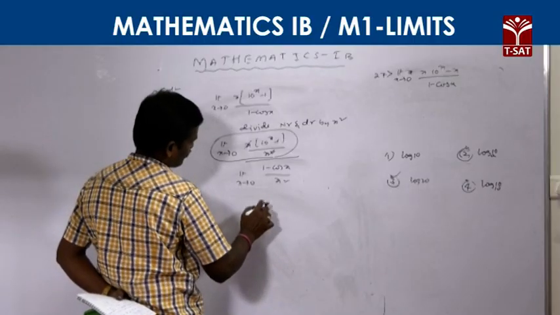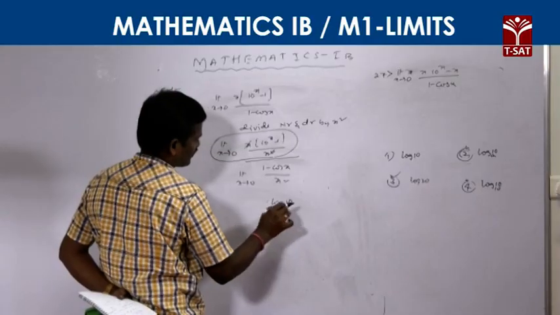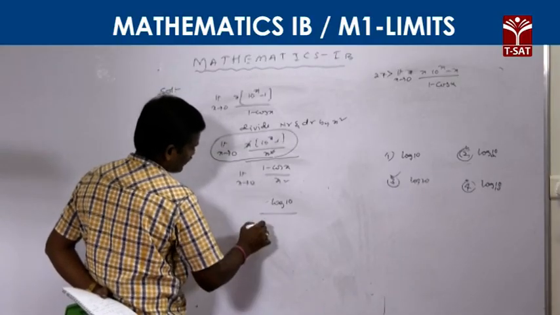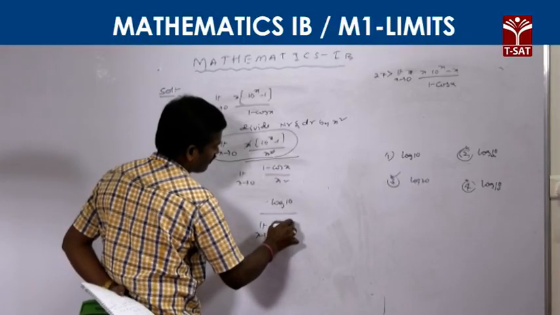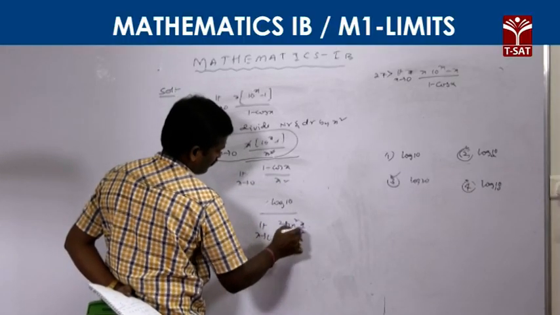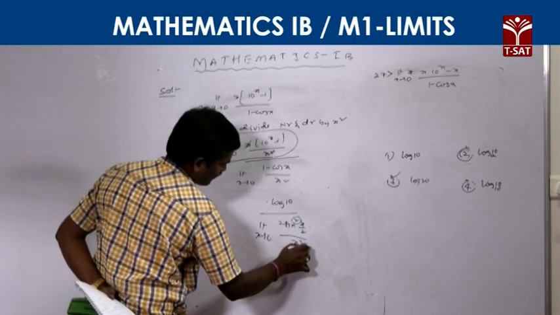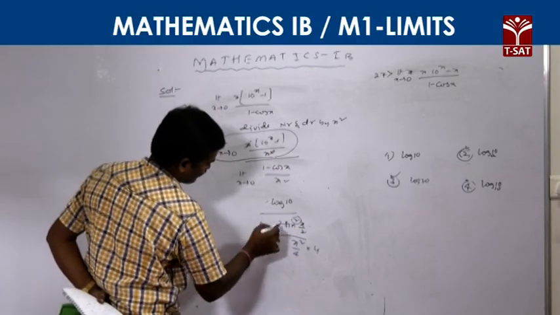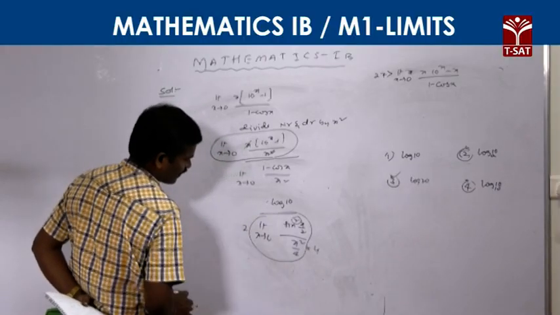The answer is a power x, so log 10 to the base e, whatever it is, by, here limit extends to 0, 1 minus cos x can be written as 2 sin square x by 2 by x square. So here we have square terms, which means we multiply and divide by 4. So here it is nothing but what? This part is a standard limit. So into 2, so 2 right outside.